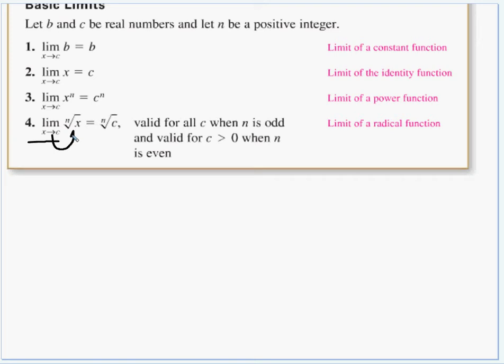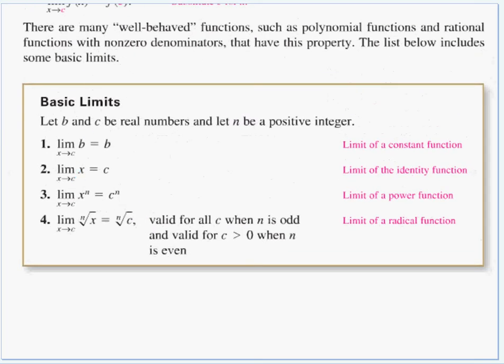Well, that c value is just going to take the place of that x and become the nth root of c, when c is greater than 0 and n is odd. Remember that odd index there, or when it's even, we can take the square root or the root of a positive number; the radical must be under an even root only if it is positive. But all these again are just saying direct substitution works.